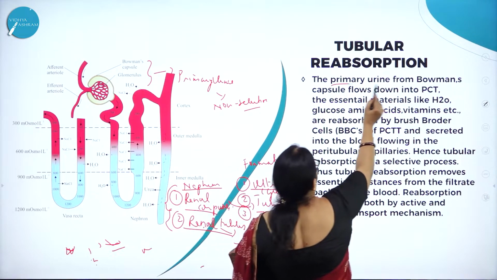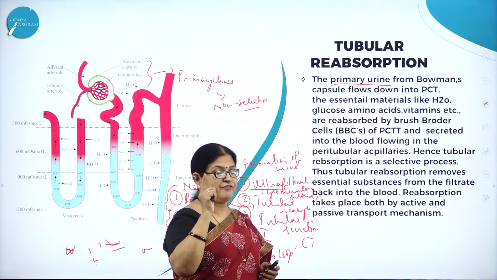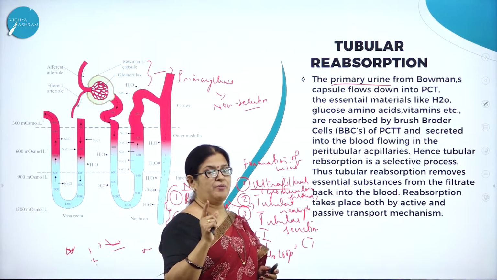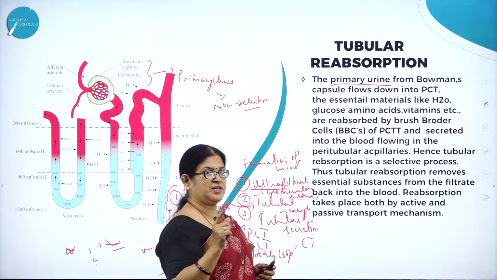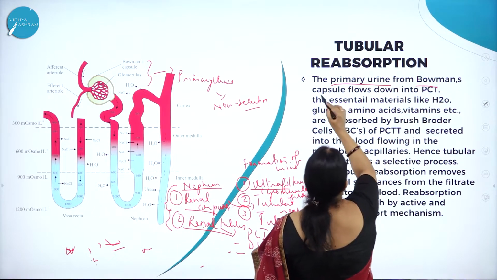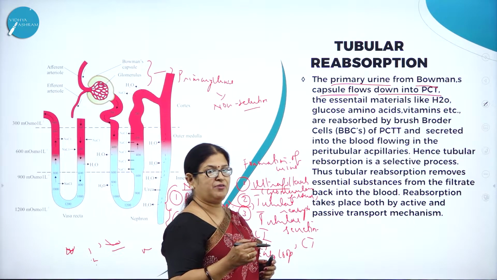So what is primary urine? The ultrafiltrate, the first urine formed in the glomerulus, that is the renal corpuscle, is called primary urine. The primary urine from Bowman's capsule flows down into the PCT, the proximal convoluted tubule.